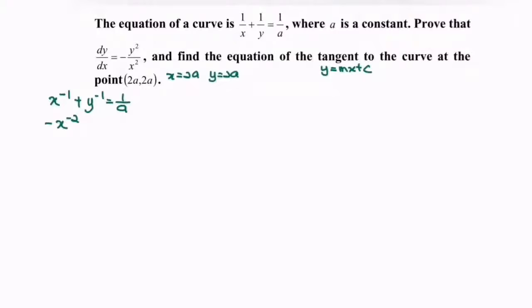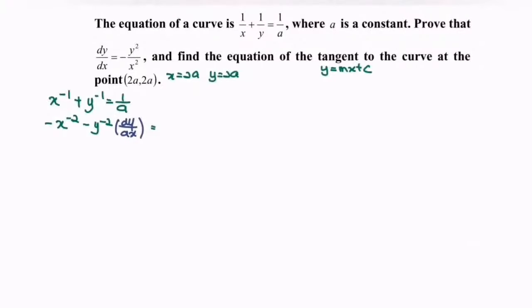Differentiate the situation with respect to x, and we will have negative y to the power of negative 2. Since the y is not the variable for x, we need to add on the dy/dx. Equals to differentiate 1 over a.